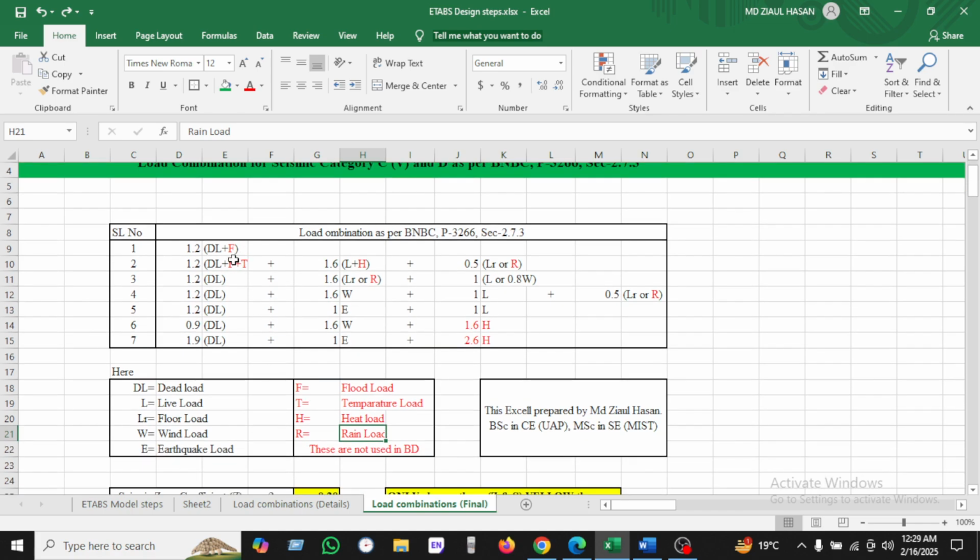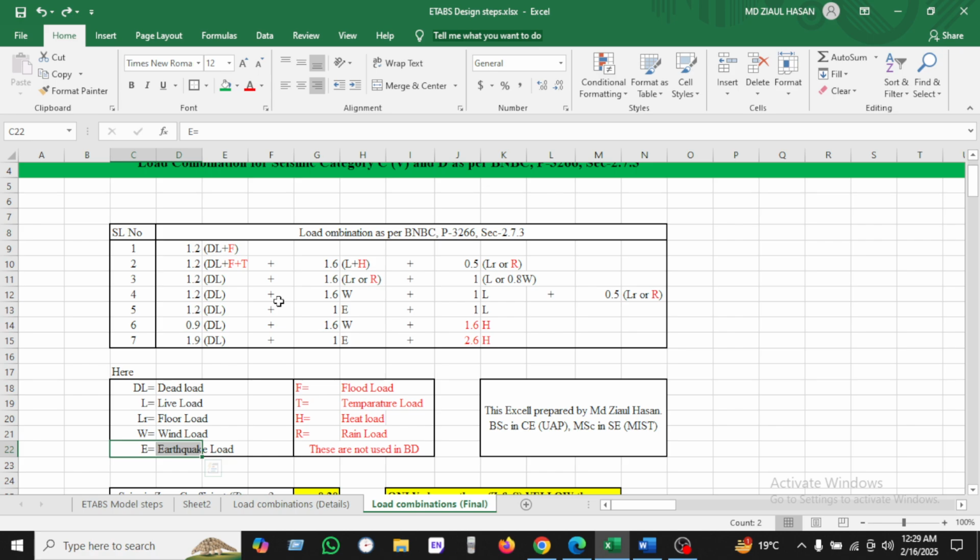As per the first, we see 1.2 dead load plus flood, 1.2 dead load, flood plus temperatures, plus 1.6 live load plus heat plus 0.5 LR means roof load, and W is wind load, E is earthquake load. And with this we have a 7 load combination here.